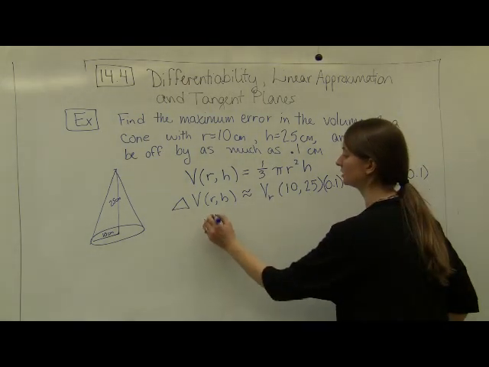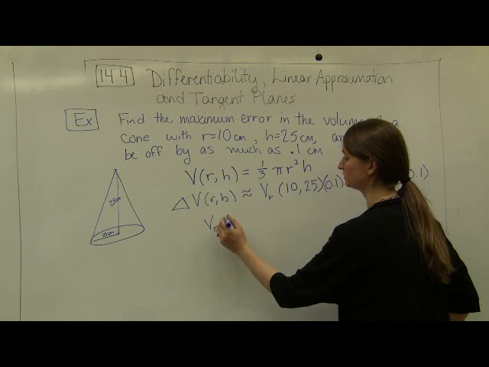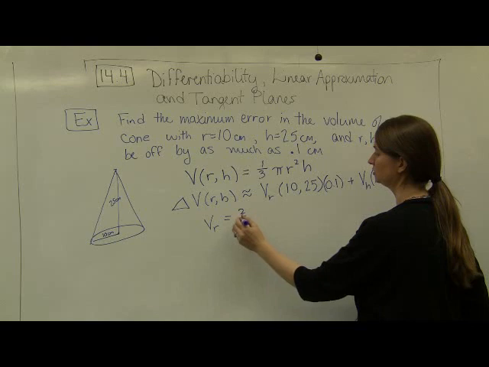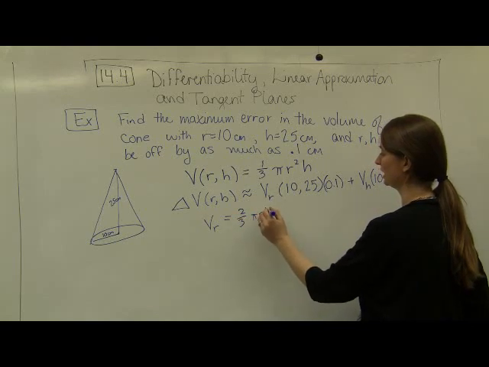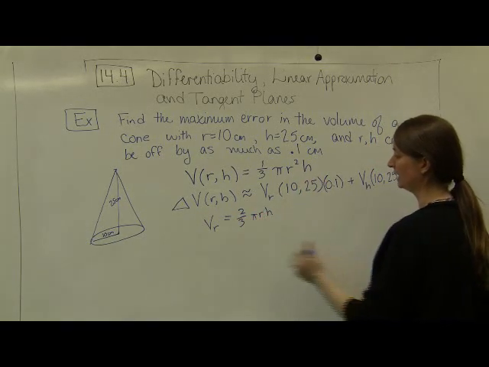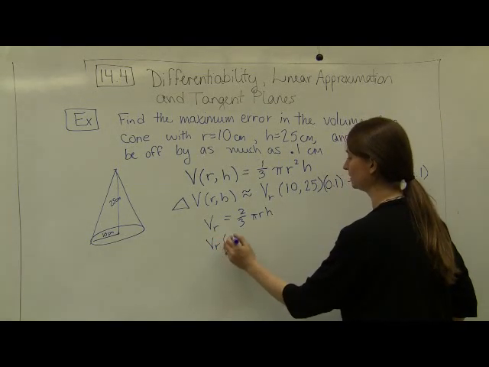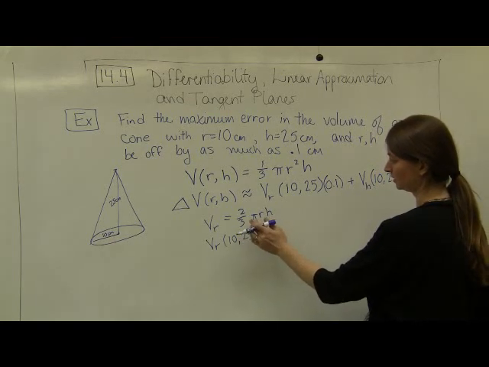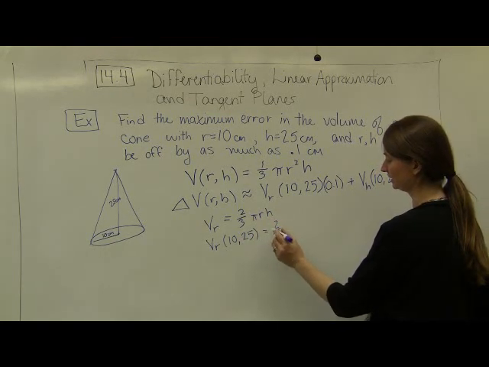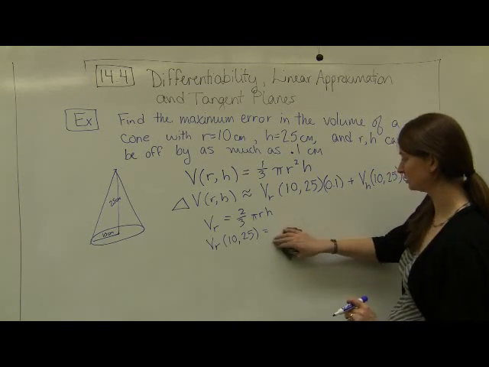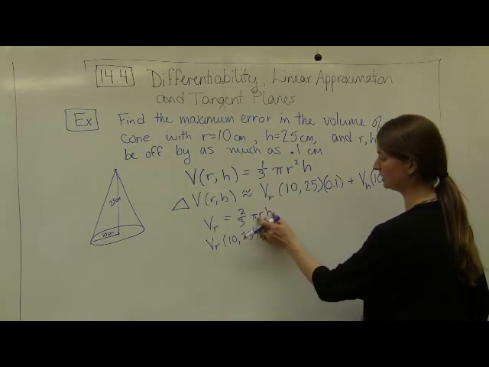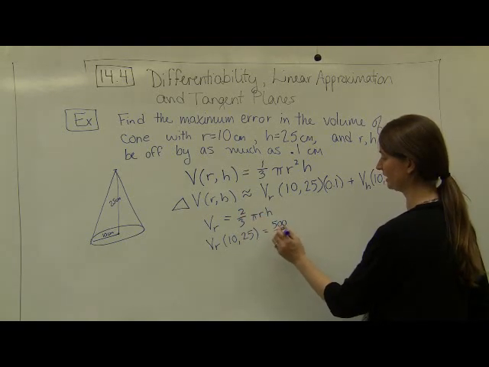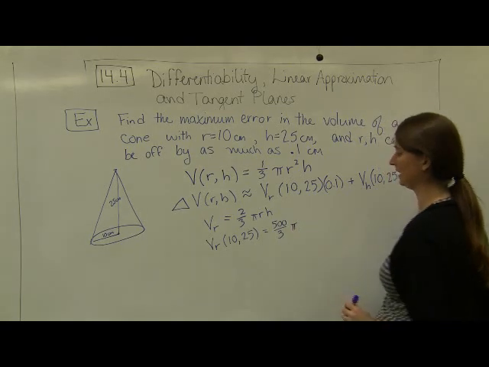So first I'm going to compute my partial of volume with respect to radius, and using shorthand that will give me 2/3 pi r h, treating h as a constant. And then when I evaluate that at the point (10, 25), I end up with 2/3 pi, 10 times 25 is 250, times 2 gives me 500 over 3 pi.